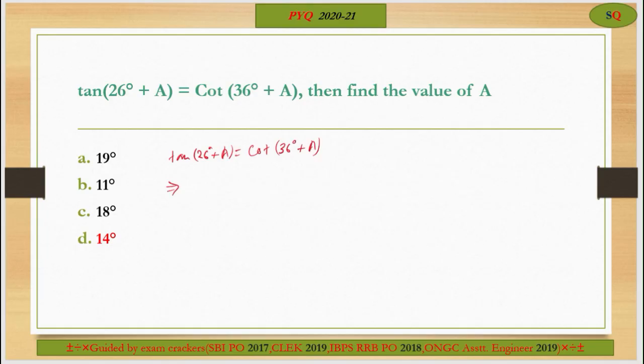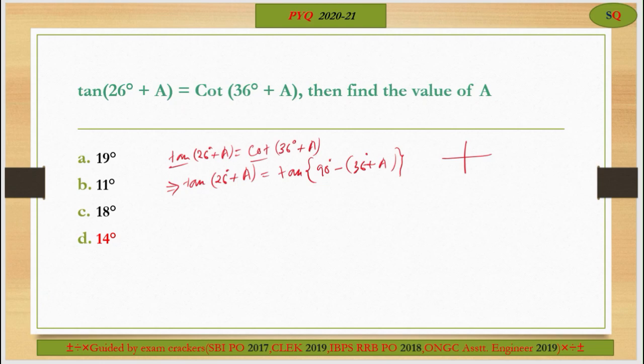Either you can apply the formula, or you can also apply tan cot, left side, right side, you can use either one formula. So tan of 26 degree plus A equals tan of 90 degree minus 36 degree plus A. Why is it 90 degree minus?